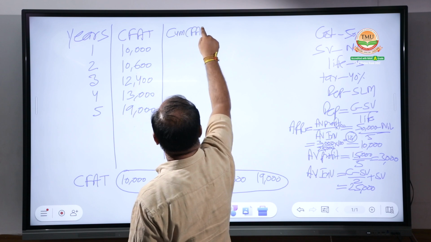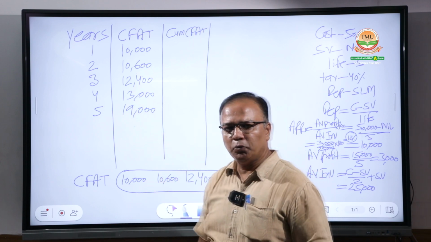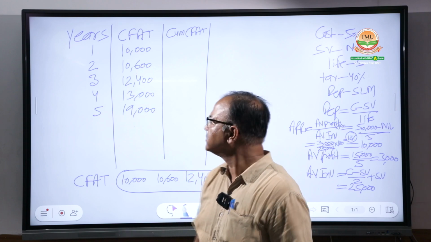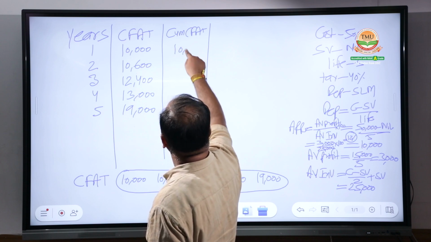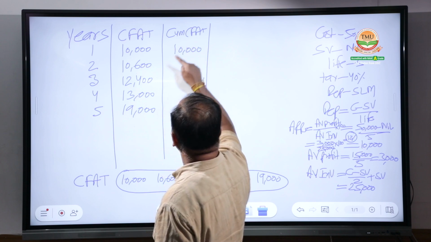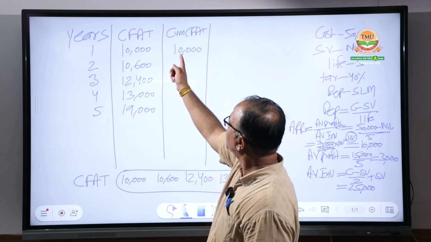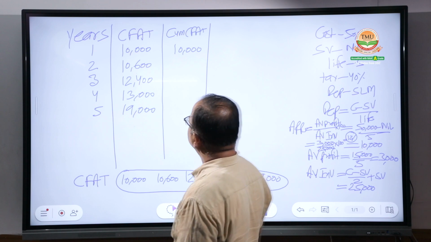Now, in column number 3, you have to write down cumulative cash flow after tax. Cumulative means simply cumulative value of cash flow after tax. In first year it is 10,000. In second year, we have to add 10,000 plus 10,600.